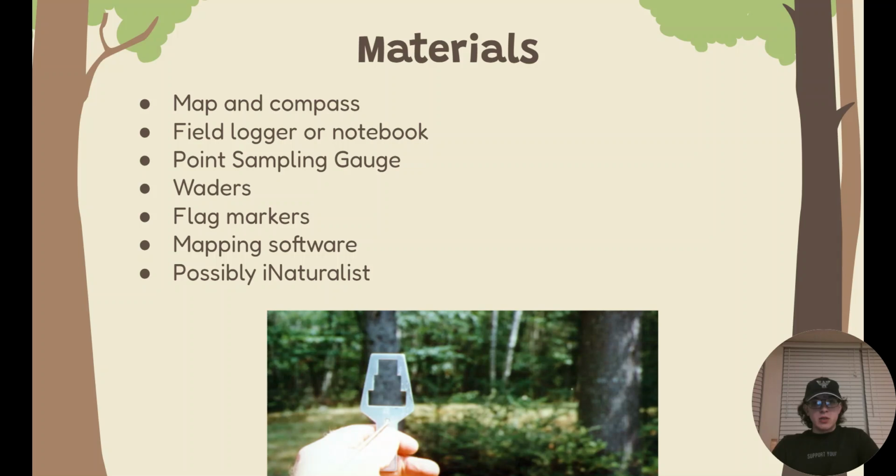I'll be using this tool, holding it up from a certain area, and how it works is if you point it up and the tree appears to move to the side, depending on which specific type of gauge you're using, then that means okay, that's big enough, I want to count that.